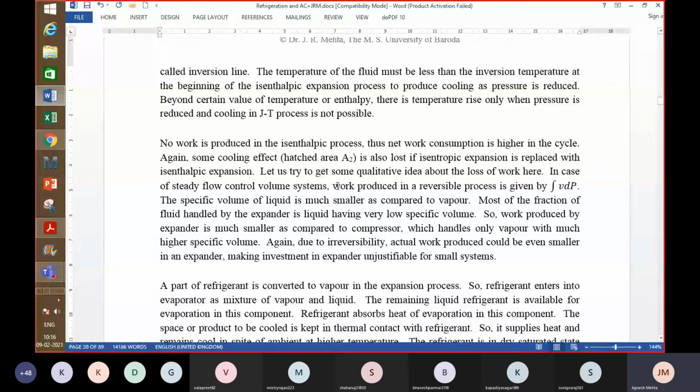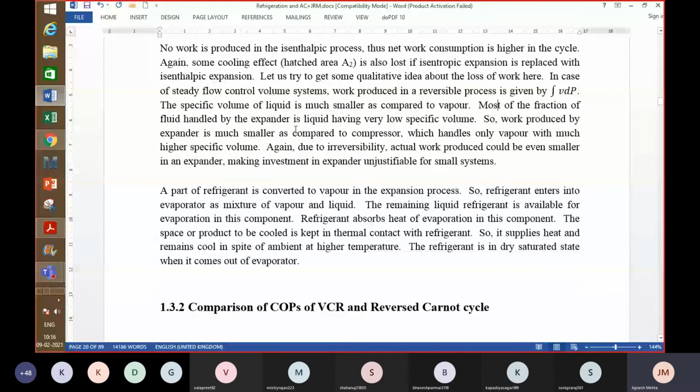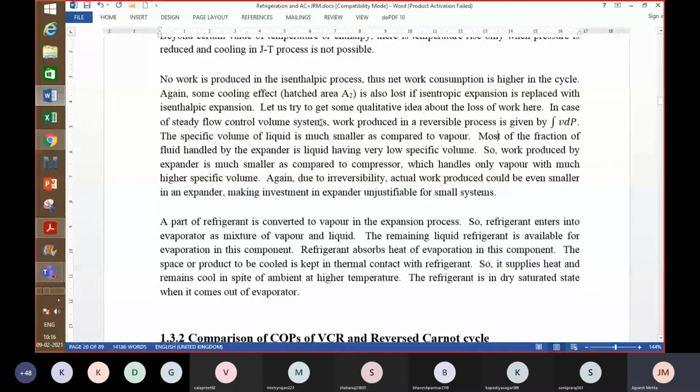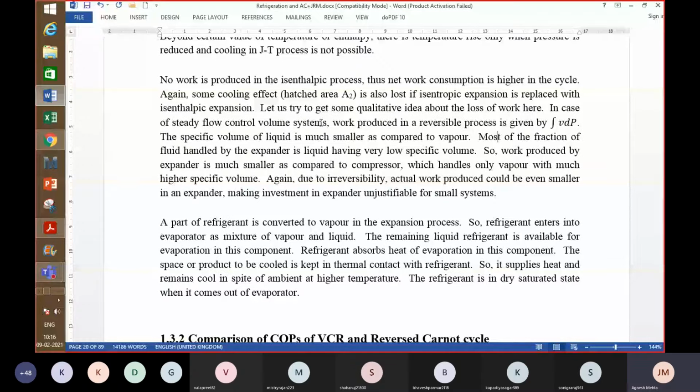I'm not denying that it's impossible to do that, but it would be worth doing if we were able to produce a significant amount of work. That is not the case. So at least in small systems, it is not advisable to go for an expander. For large systems, it can be tried and you can recover some work.